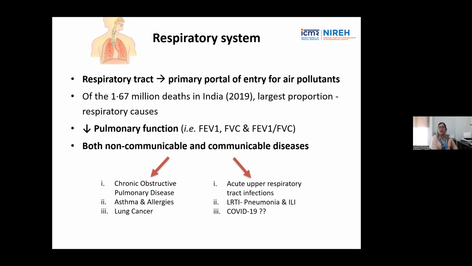But we also have an association between exposure to air pollution and increased risk of infectious diseases, for example, pneumonia. Recently there was a study that tried to calculate the incidence of pneumonia associated with crop residue burning, and it was found that children are at 3 times higher risk of pneumonia during the crop residue burning season as compared to adults. So the concept of vulnerable population affected by air pollution is important.